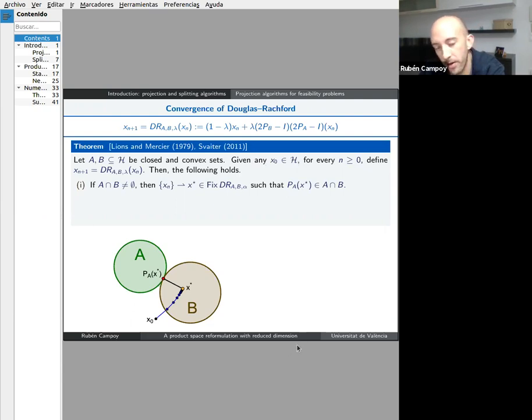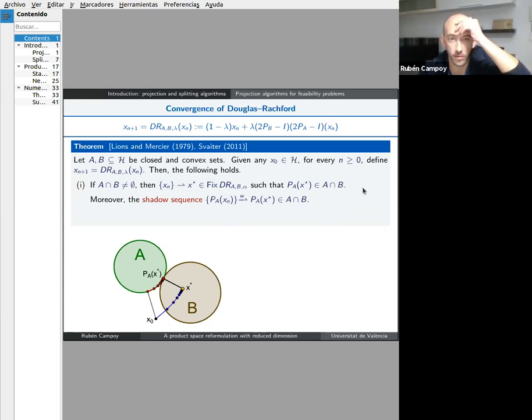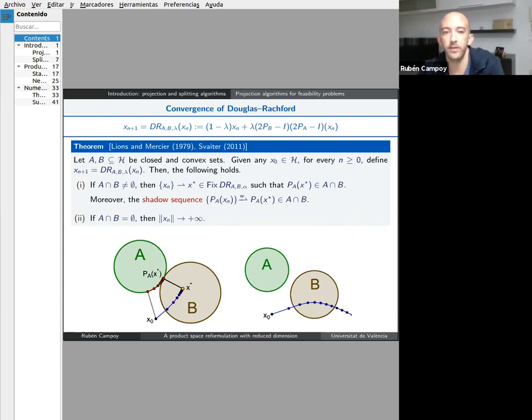This point doesn't solve the problem, but if we project it onto the set A, then we get the solution of the feasibility problem. So the sequence of interest is actually the one of the projections, which is known as the shadow sequence. This is not a direct consequence of the original convergence, but it can be proved that the shadow sequence still converges to a solution. And in the case when the problem is inconsistent, then the sequence is unbounded.